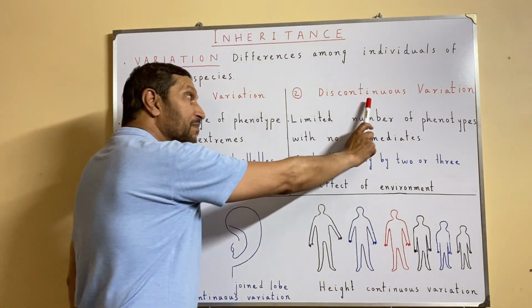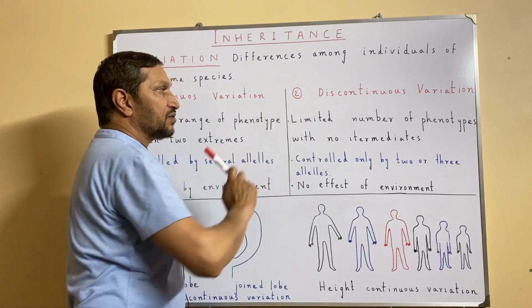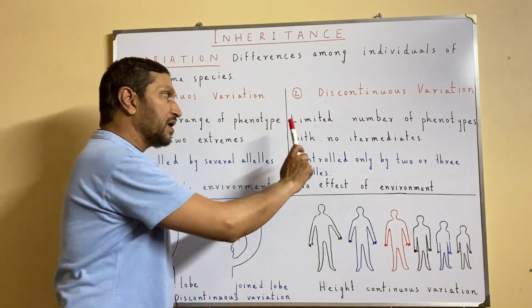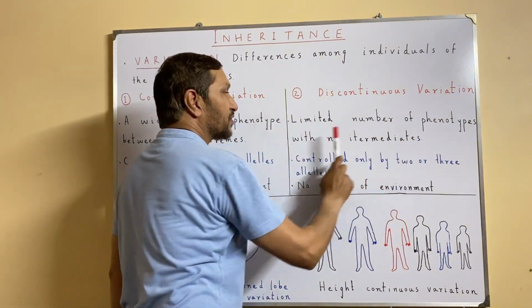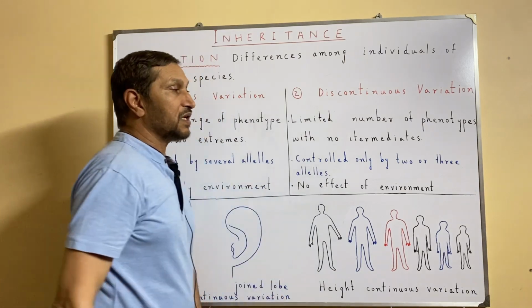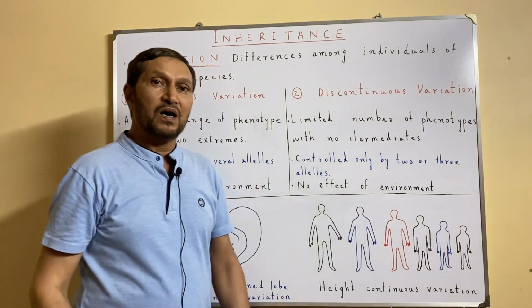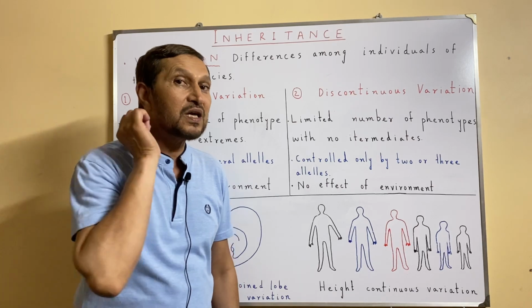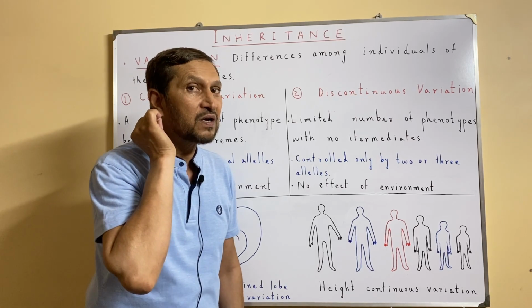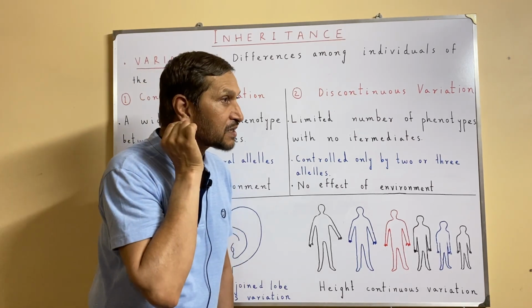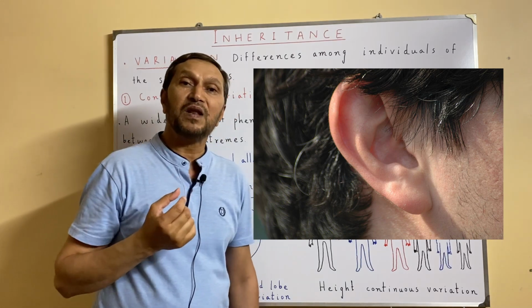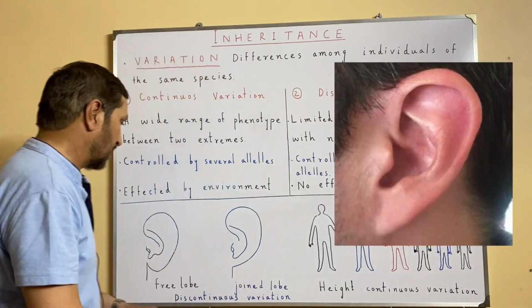But the other type of variation is discontinuous variation. Here a limited number of phenotypes with no intermediates are there. For instance, if I take the example of earlobe, some people have free earlobe like this, and some people have joint earlobe.